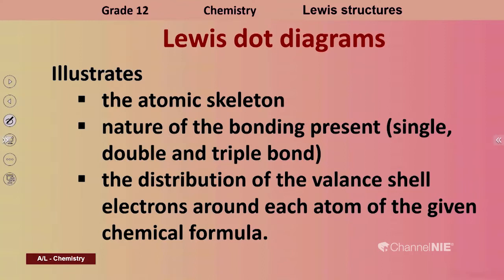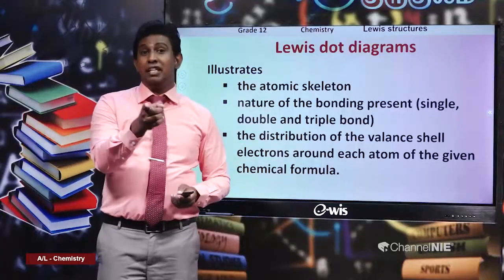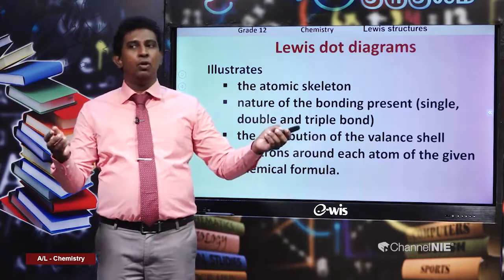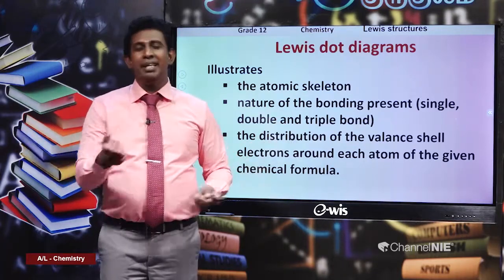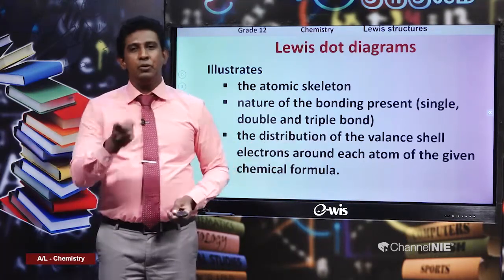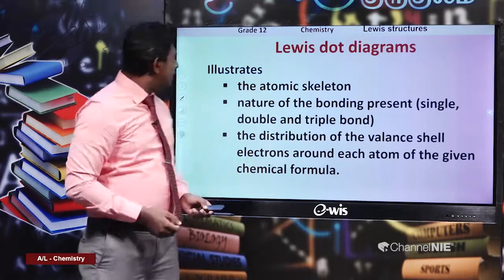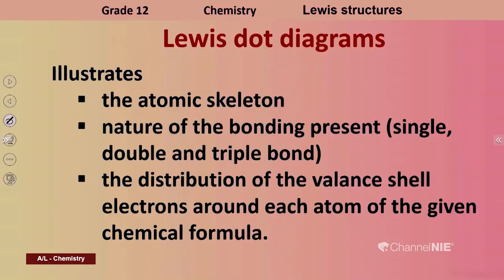Then the nature of the bonding present: single, double or triple. Between some atoms there are single bonds, and between other atoms double or triple bonds may be possible within the molecule. Then further it reveals the distribution of the valence shell electrons around each atom of the given chemical formula.